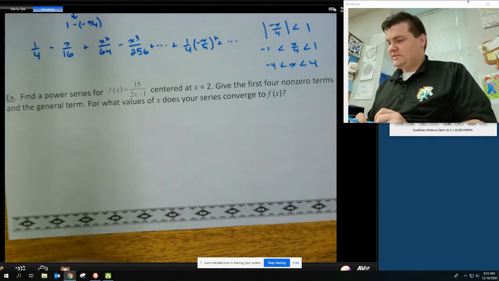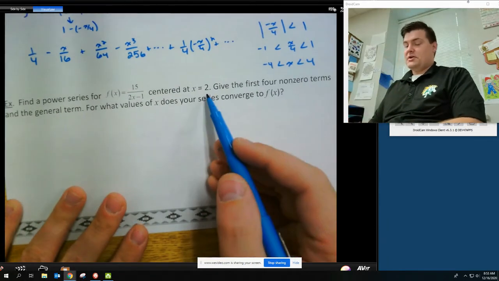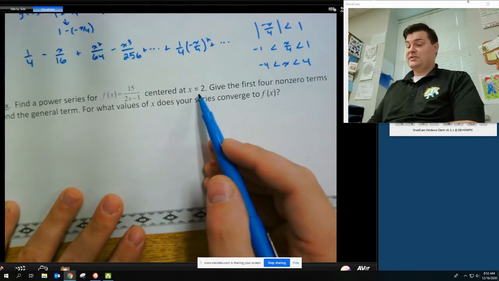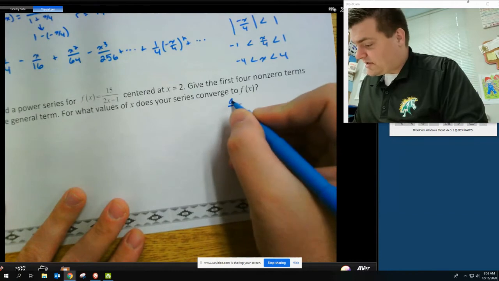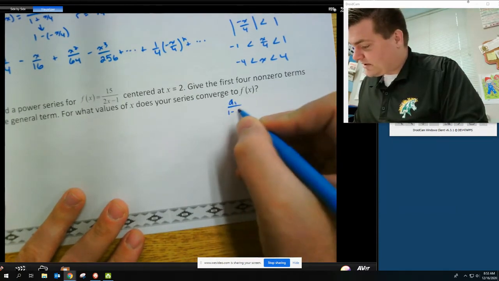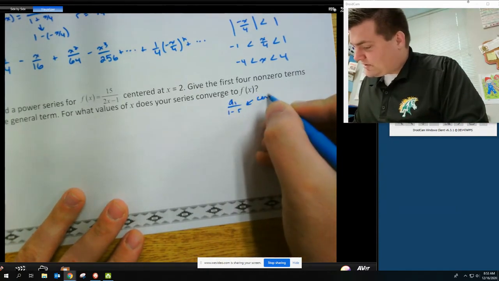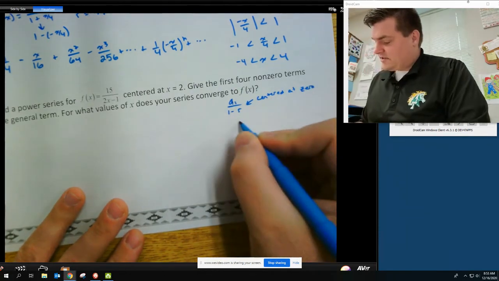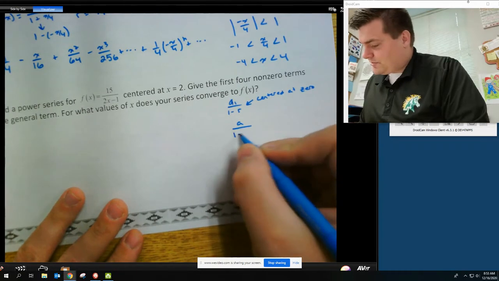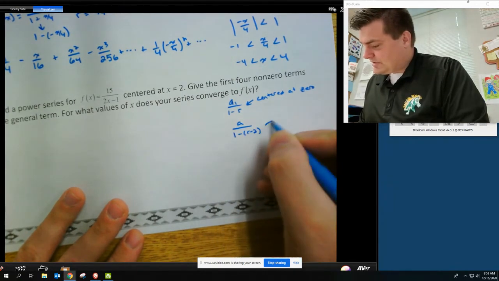Okay, so since this is usually centered at 0, now it's centered at 2. So we are used to a sub 1 over 1 minus r, centered at 0. I want it centered at 2.